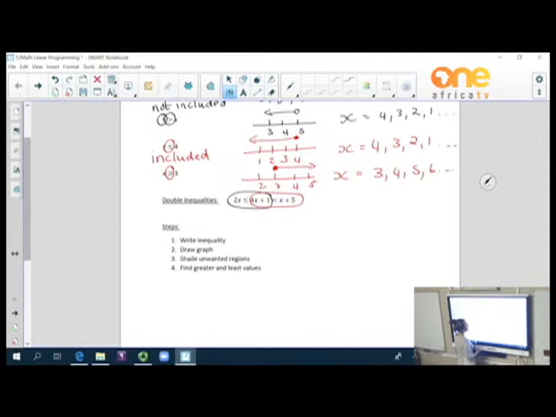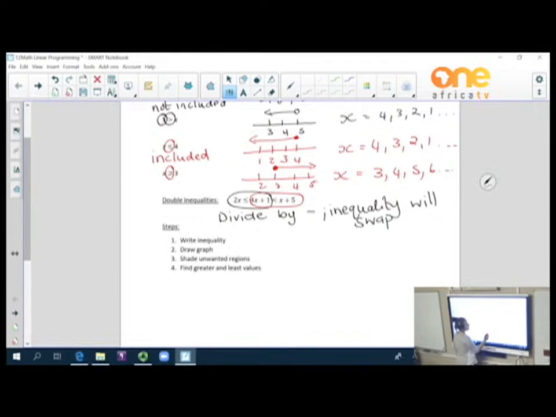Then another thing that is also important to remember with double or with any inequality is if you divide by a negative, your inequality will swap.